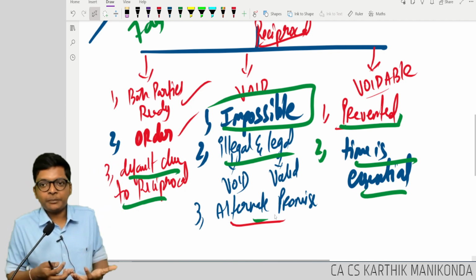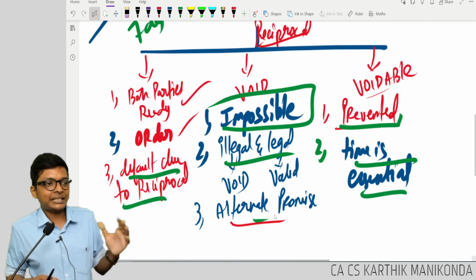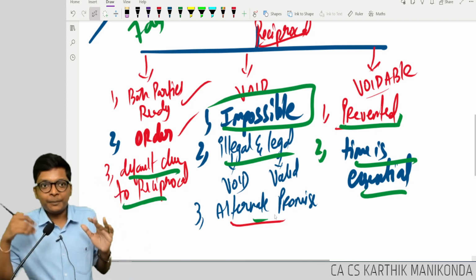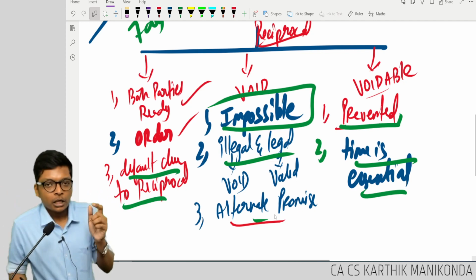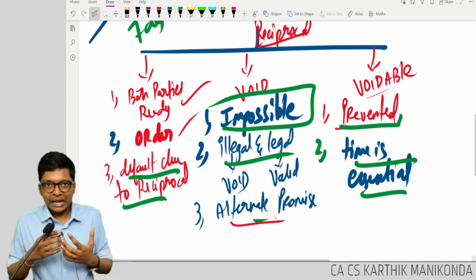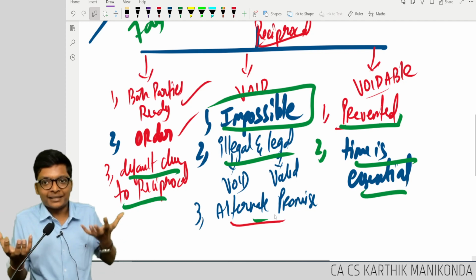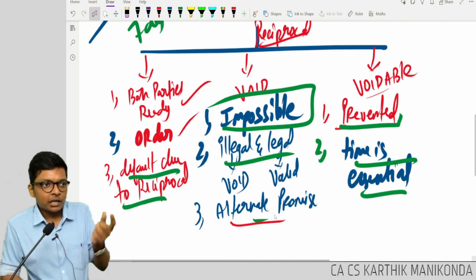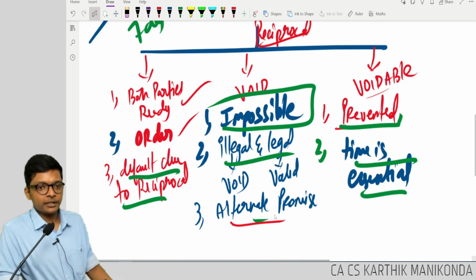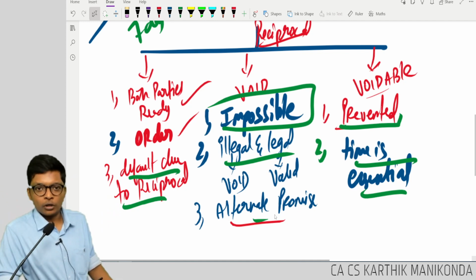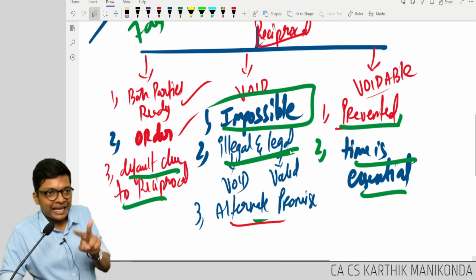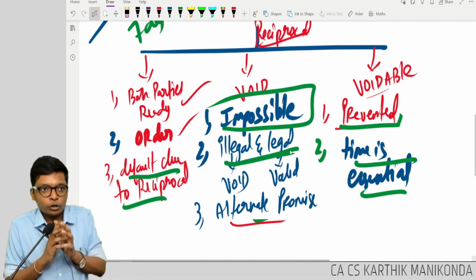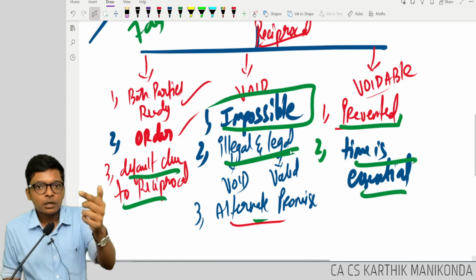If I don't get money from class, I will use that classroom for some gambling work or some drug manufacturing here and pay the rent. Then it becomes void. Alternate promise, now I will either do a legal act or do an illegal act. Legal act, valid. Illegal act, void. Are you following? Able to follow, guys? Previous point, illegal and legal has both in that. Then if I can split, I will split. If I am not able to split, whole thing becomes void.